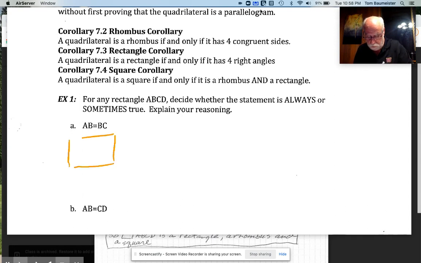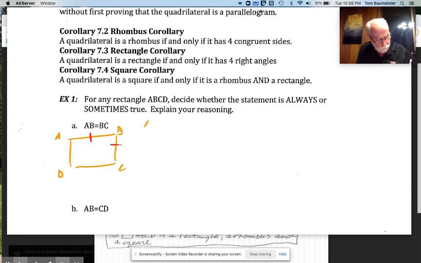You don't have to make it look perfect. But again, I'm going to call this ABCD. And they're telling us that AB is equal to BC. So let's see here. AB is equal to BC.